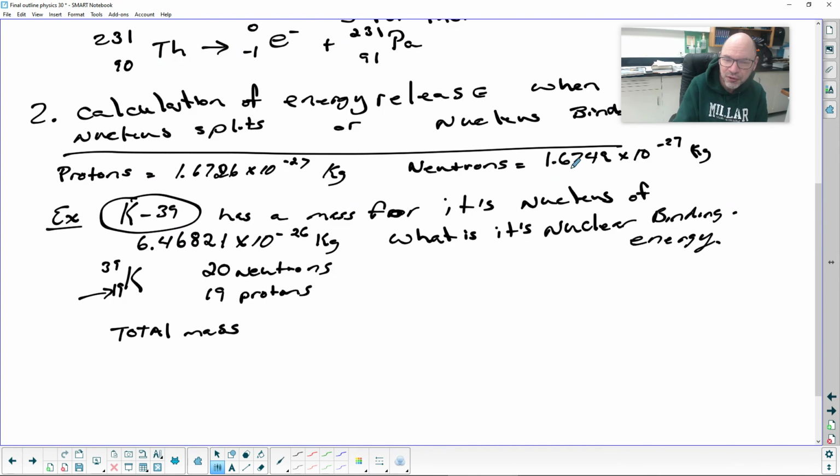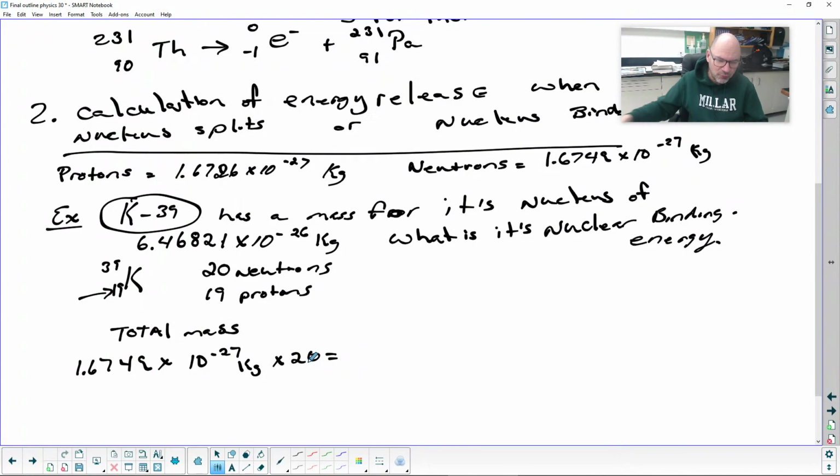We'll take our neutrons first, and we'll multiply it by 20. Okay, so we'll take our calculator: 1.6749 times 10 to the negative 27 times 20.